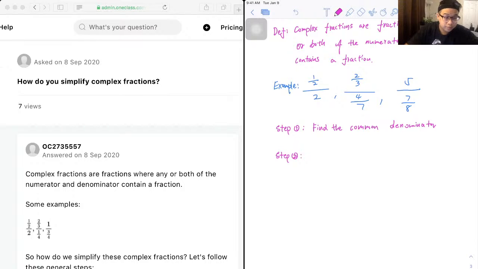And step 2, we need to multiply the common denominator to the numerator and denominator.